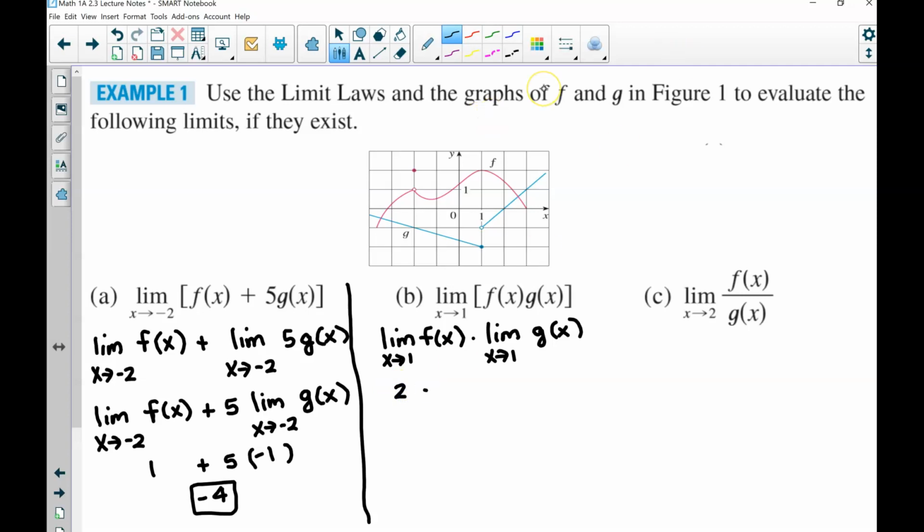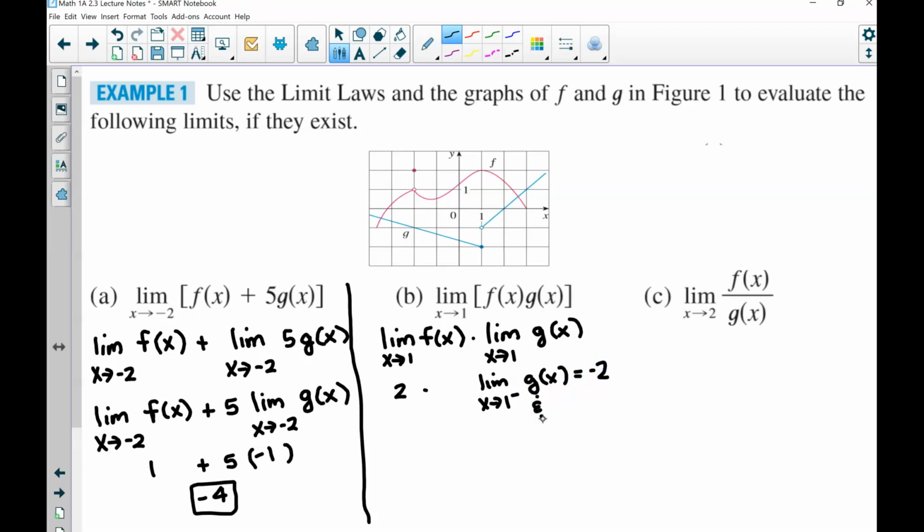Times. Now let's check and see what the limit is as x approaches 1 of g of x. We can see that the limit as x approaches 1 from the left of g of x is equal to negative 2.